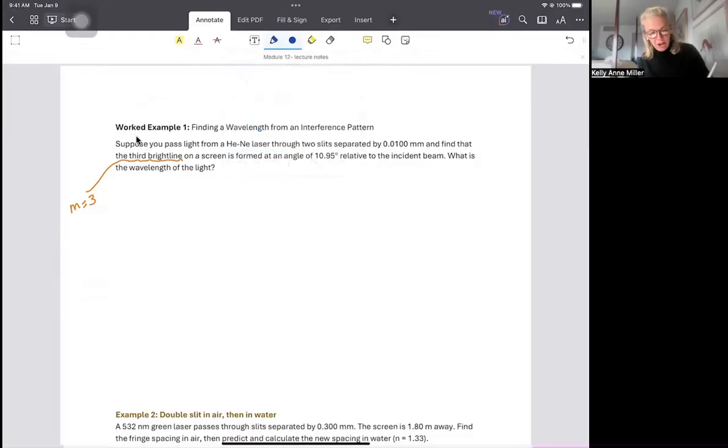Okay, so I always like to draw everything. Those are the two slits, slit 1 and slit 2. The distance between them is 0.01 millimeters. Let's say the screen is over here. So what are we told? The angle. Let me draw the central spot here.